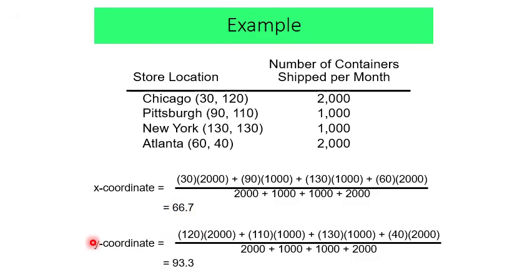The same is true for the y coordinate. We multiply the y value with the frequencies, add them, then divide by the summation of the frequency, and we get 93.34 as the y coordinate.